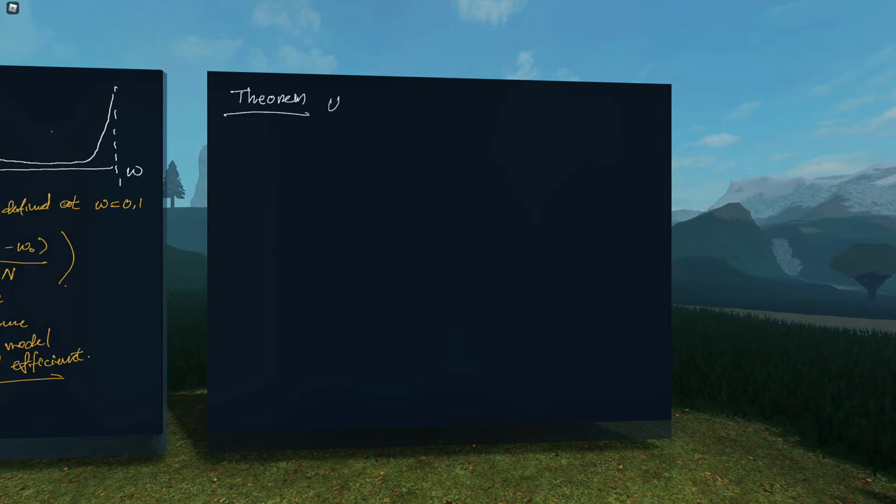Under some regularity conditions, which are a little too complex to state in full generality, you should think of the various assumptions that we made when we calculated our maximum likelihood estimate last week.